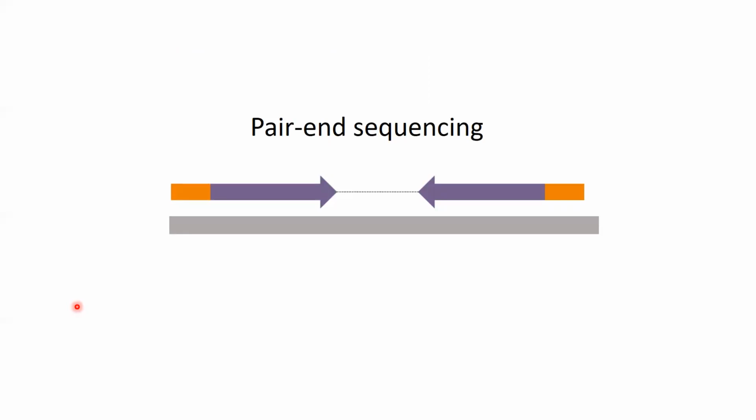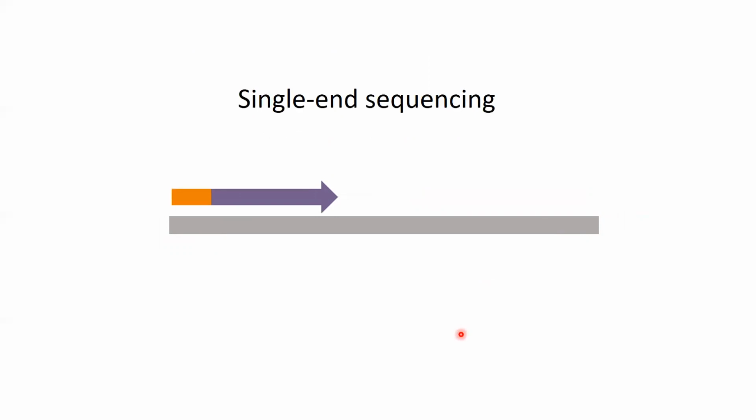We can sequence them in two ways. We can do paired-end sequencing, and that means that we will sequence from both sides of the fragment with a forward and with a reverse read. That's paired-end sequencing. Or maybe we choose to do just single-end sequencing. That is to say, we only have a forward read.